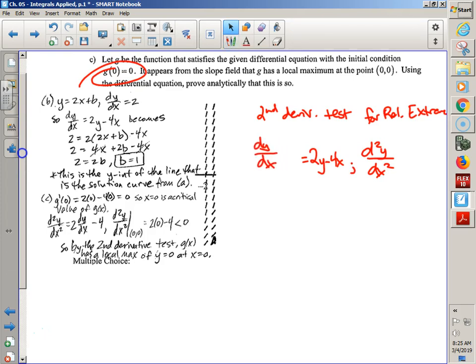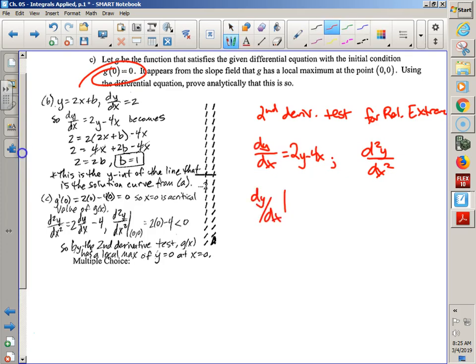So if 2y minus 4x is my differential equation, then if I plug in dy/dx at the point (0, 0), what's 2 times 0 minus 4 times 0? 0. So what does that mean about the point (0, 0)? It's a critical number of g, which is exactly what my card says I need. So do I have a critical number? Yes. Okay, now keep going.